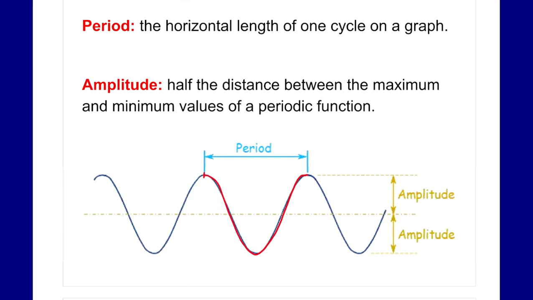Now, because it's a pattern that repeats, it might be a different cycle that we look at. So maybe we start here, go up, come down, and go back to there. That would be one cycle as well. That's one repetition of the pattern, and we would see that same repeat, right?